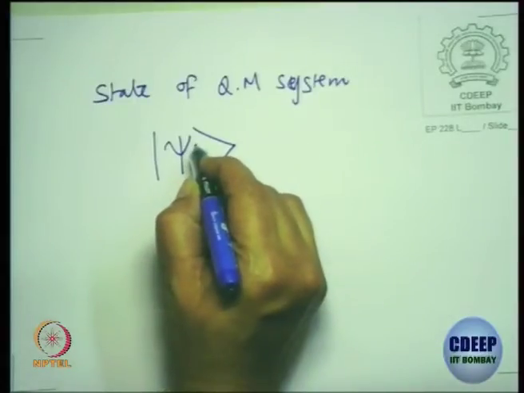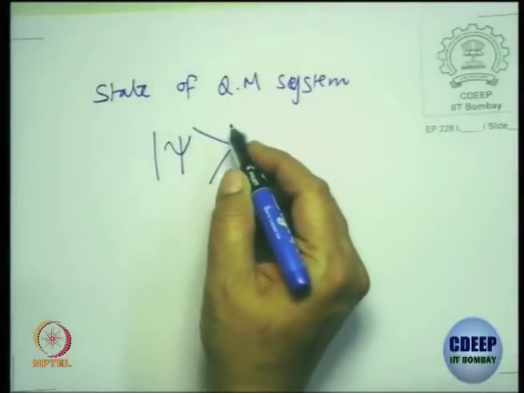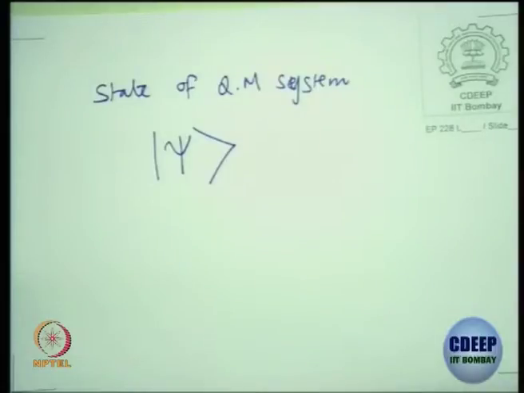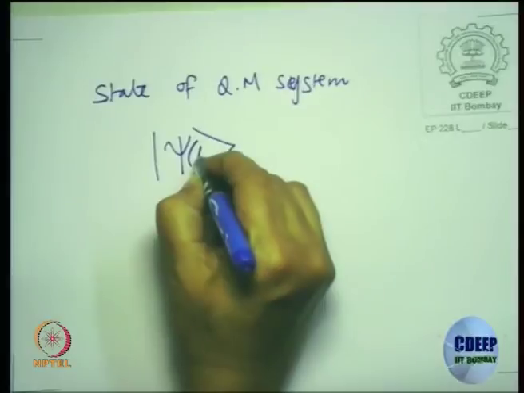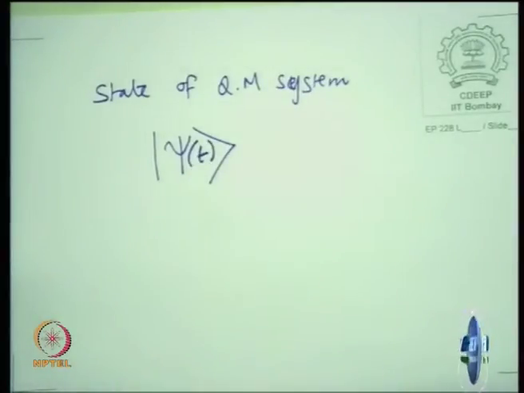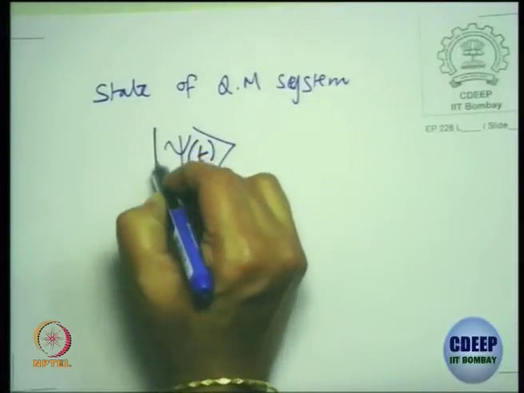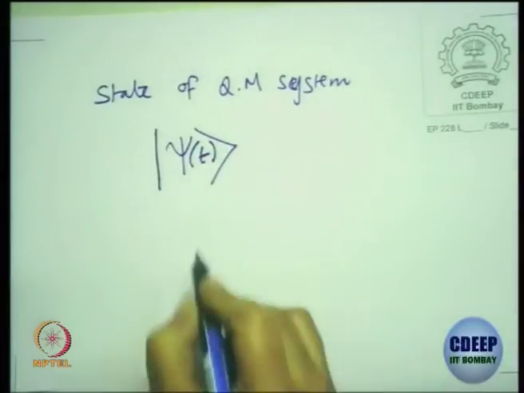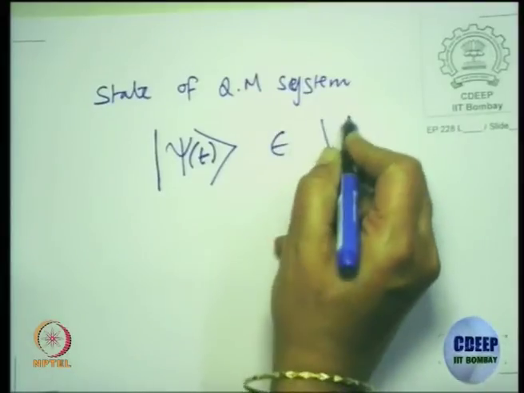In principle, the state of the system contains all the information about the system, and it can be evolving as a function of time. The state is denoted, this psi is an element of some vector space V.